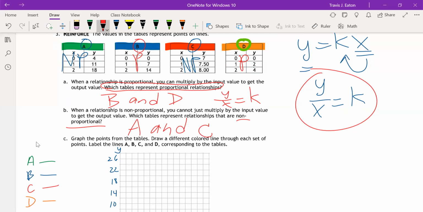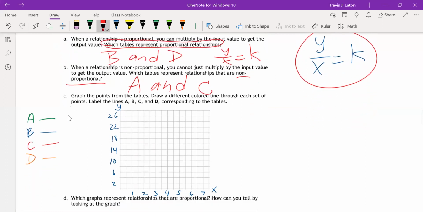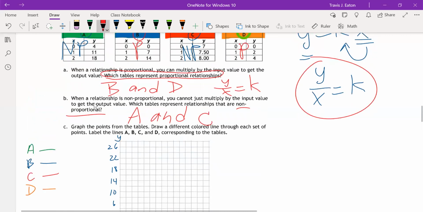All right. Now this next part may take a little bit of doing. It says to graph the points from the tables. So I'm going to graph the points from the tables, and it says to do them in different colored lines. So that'll be fun. We got this.